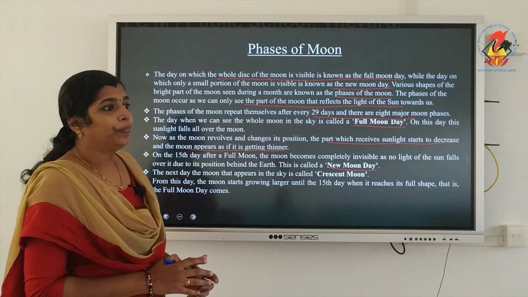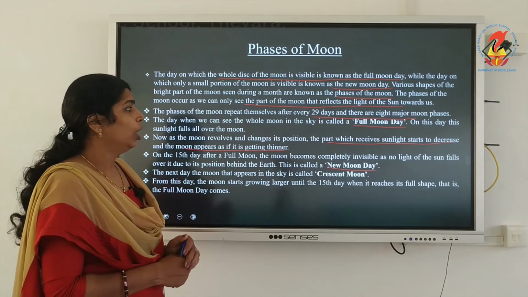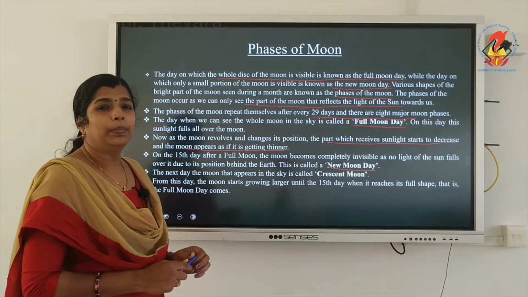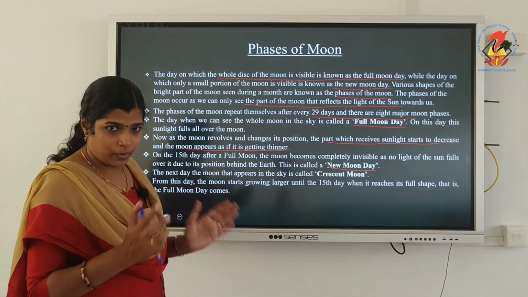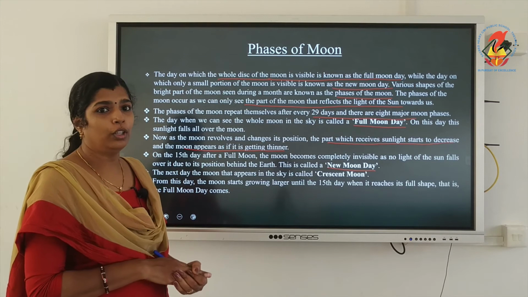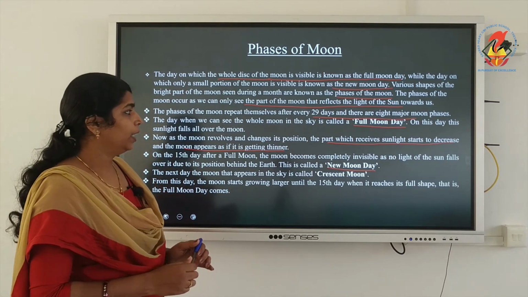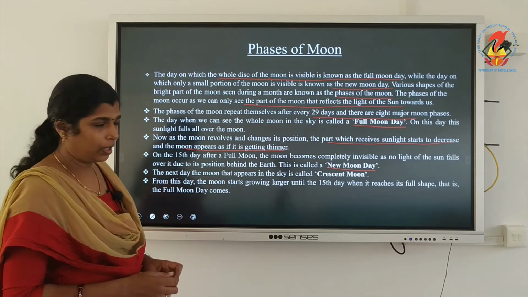The reason is that the light from the sun will not fall on the moon because the moon is just behind the earth, and that is known as a new moon day.